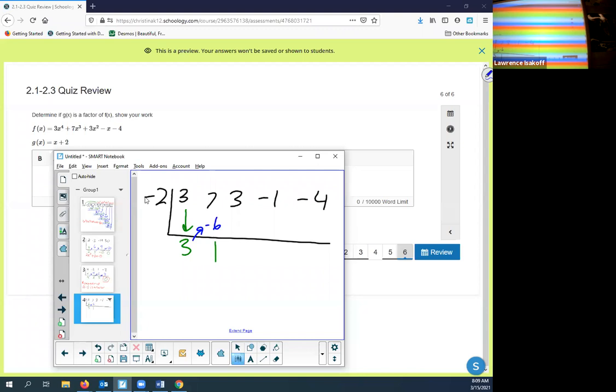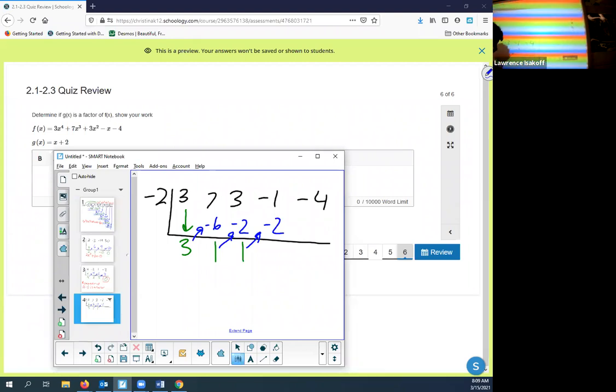Okay, negative 2 times 1. That's negative 2. 3 plus negative 2, my bad. 3 plus negative 2 is really 3 minus 2, which is just 1. Negative 2 times 1 is going to be a negative 2.